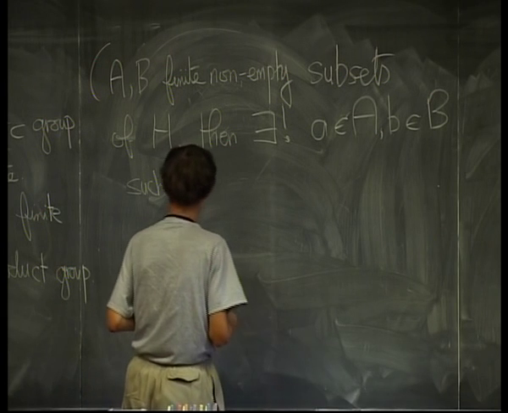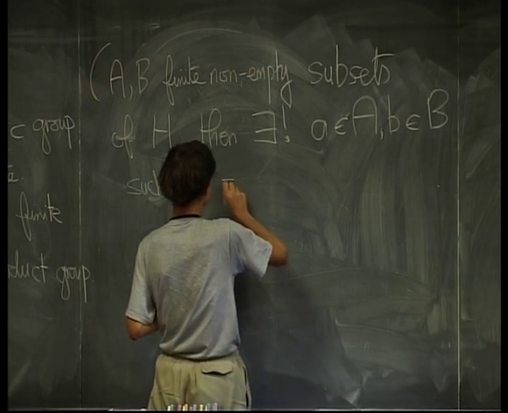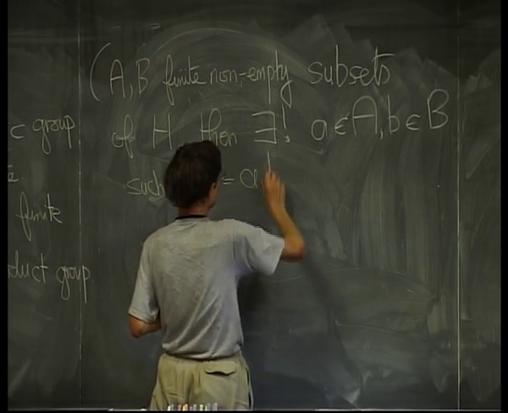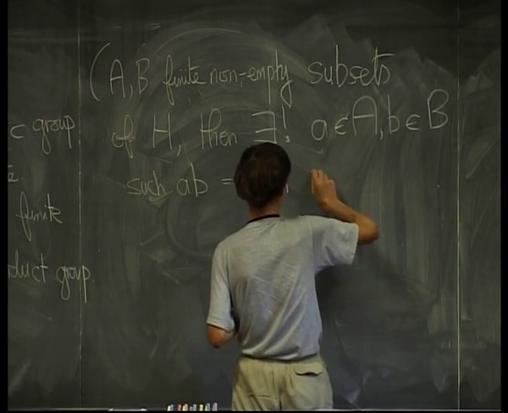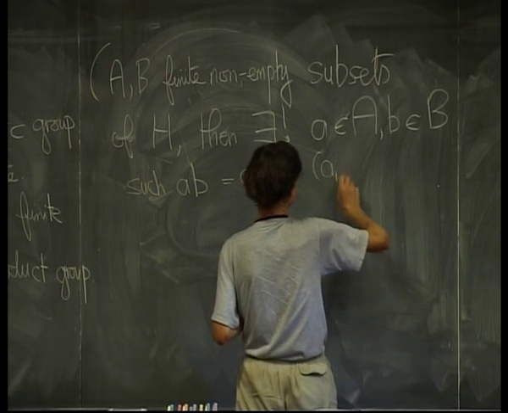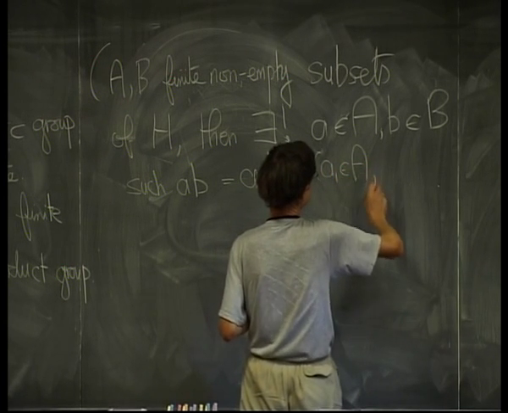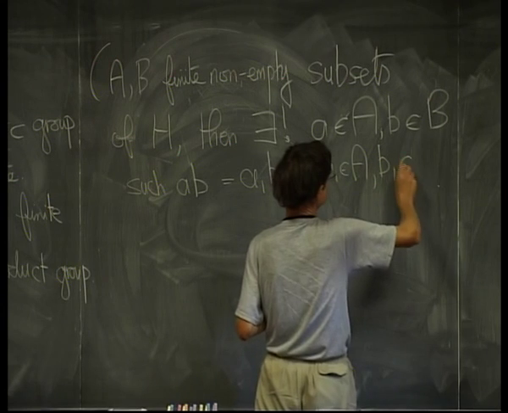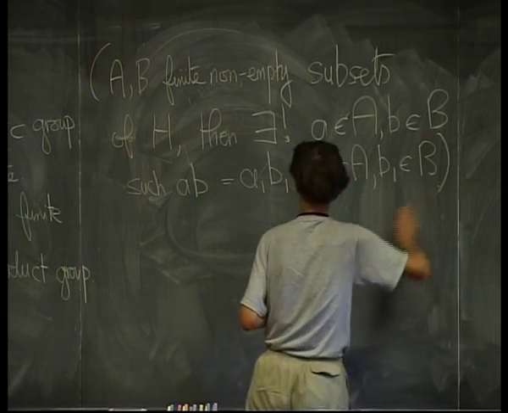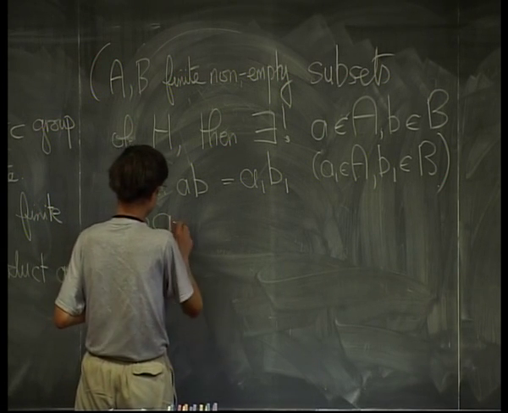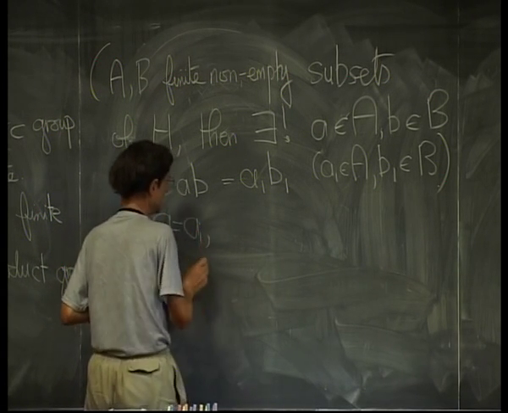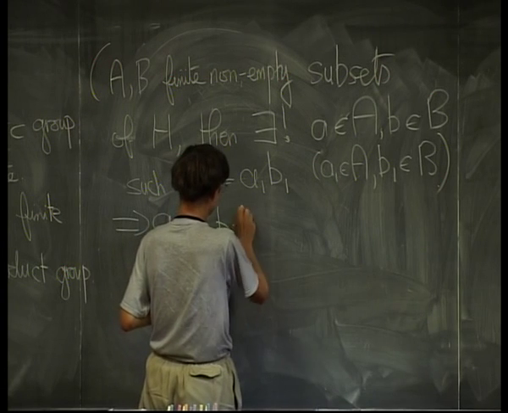So such that ab equals a1 b1 implies a equals a1 and b equals b1.